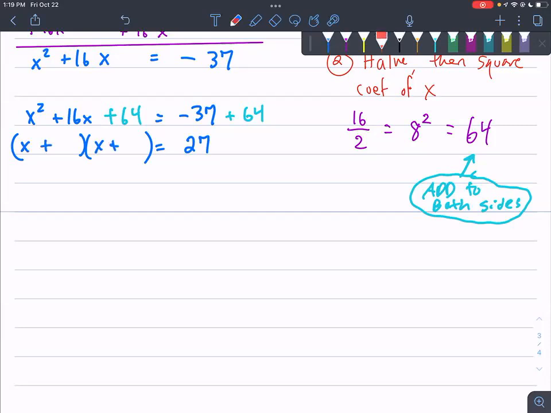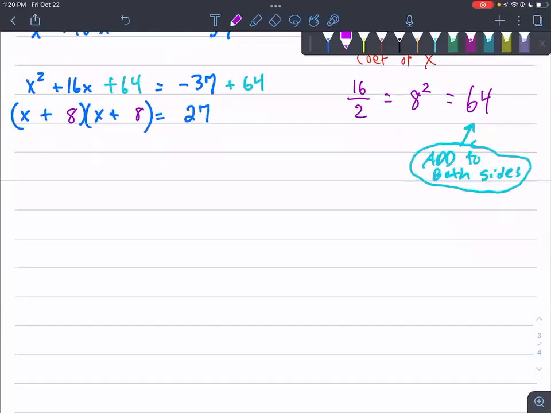And then you need two things that multiply to be 64 and then add to 16. Multiply to 64, add to 16. 8 and 8 multiplies to 64, also adds to 16. So you'll end up with these identical parentheses. X plus 8 times x plus 8, we could write as just x plus 8 in parentheses squared equals 27.